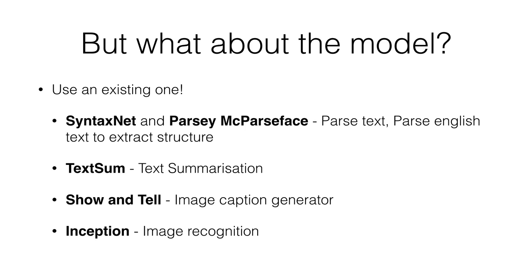One really cool one that I saw, I was extremely impressed by the demos, was called Show and Tell. It's an image caption generator. So you feed it in a photo and its output will be some text that says, "This is a man on a surfboard catching a wave." Or, "This is two girls in a sand pit playing with some toy cars." Lastly, we have another model called Inception, which does image recognition.